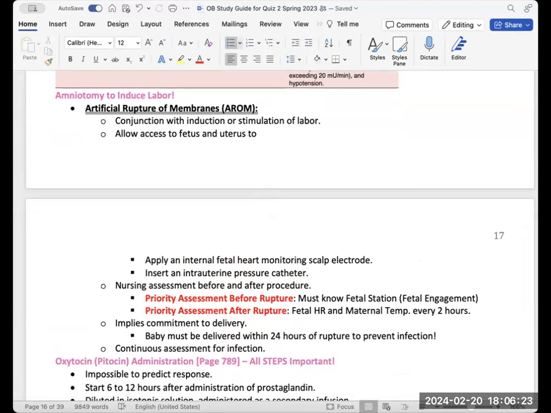So a baby must be delivered within 24 hours of a ruptured membrane, right? But if the membrane isn't rupturing and we see clear cervical changes, we're going to need something to do that. So we will induce labor and we will actually artificially rupture the membranes, okay?